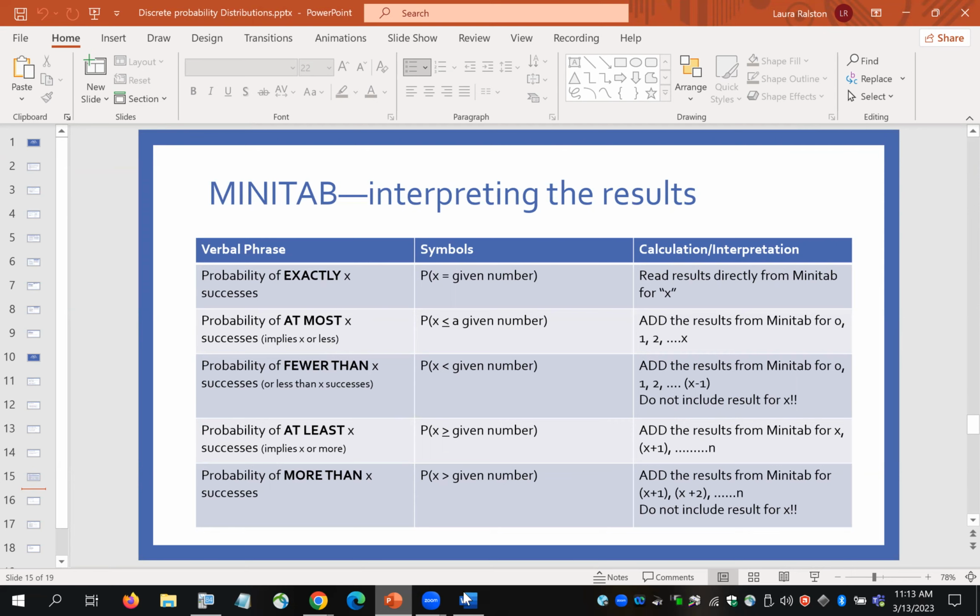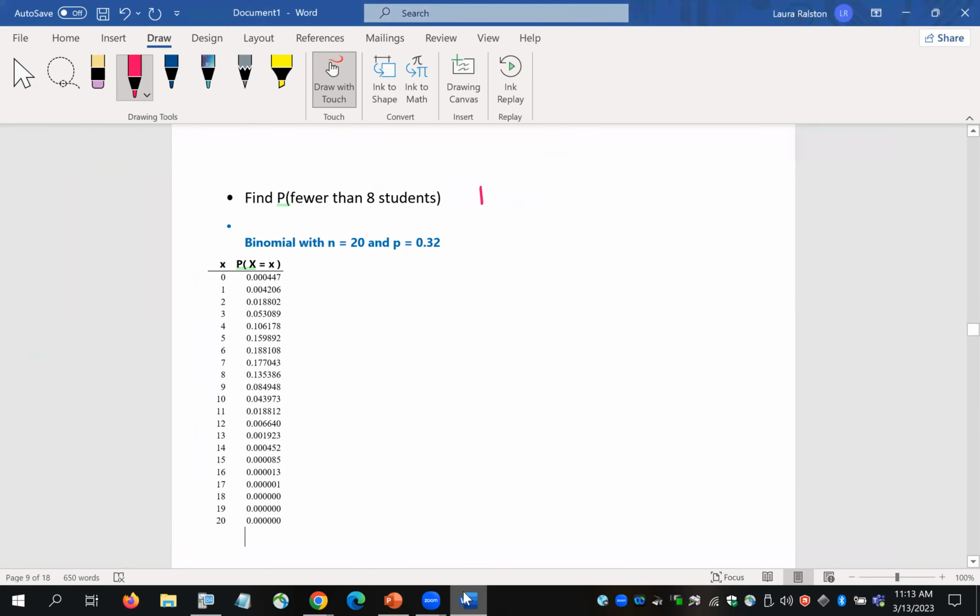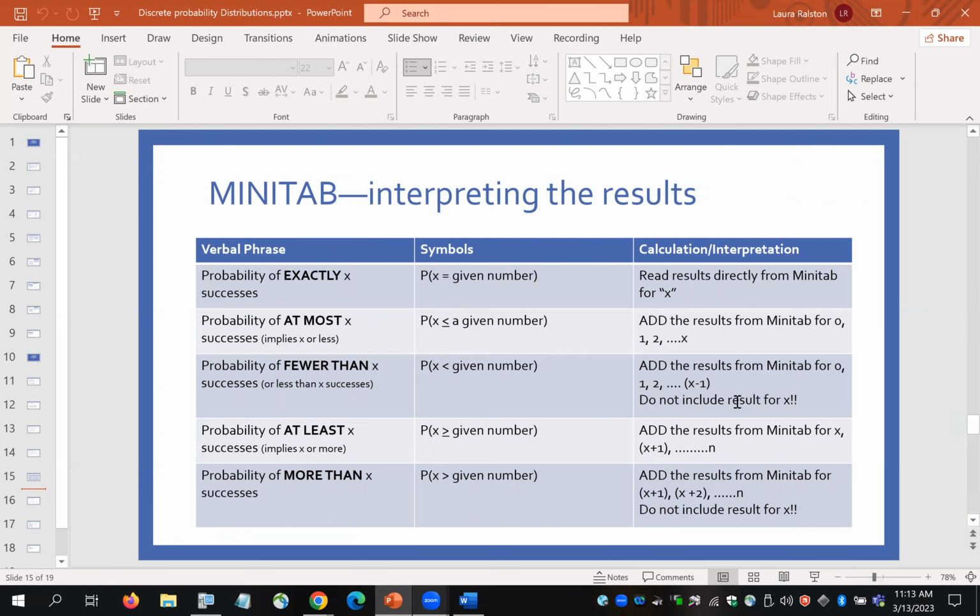So fewer than 8, we would have the probability that X is less than 8. And it tells us to add the results from Minitab for 0, 1, 2, up to x minus 1. Do not include the result for x. X is not included here because it says fewer than.